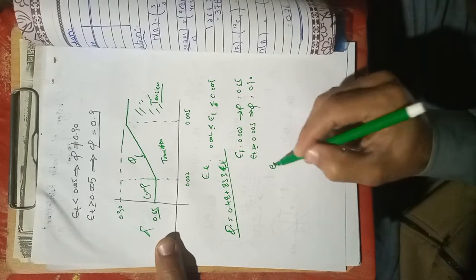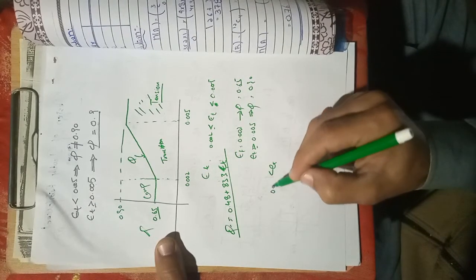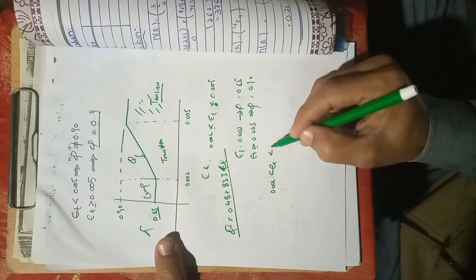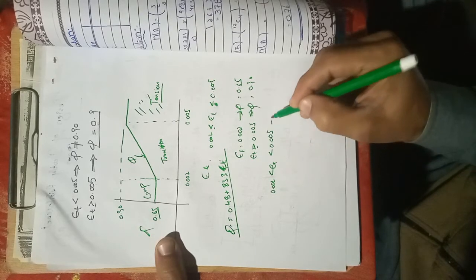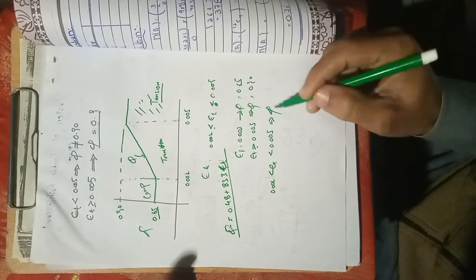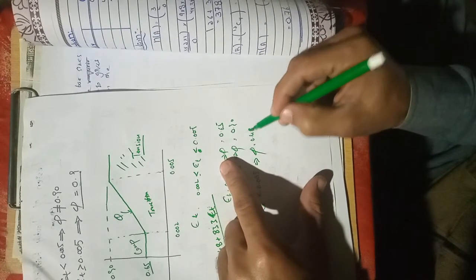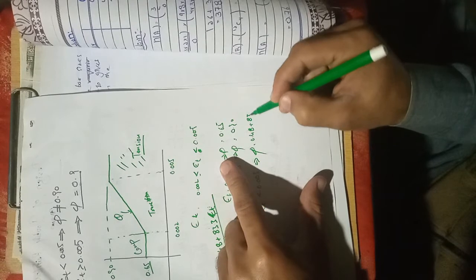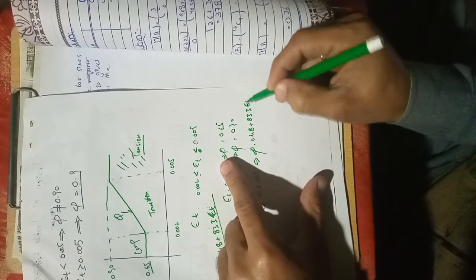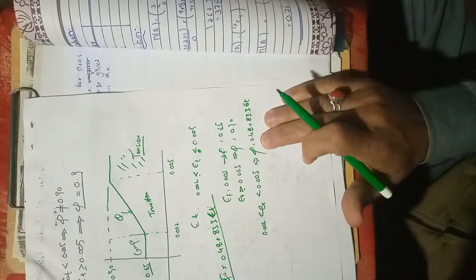But when your epsilon t value is greater than 0.002 but less than 0.005, in this case we have to calculate the value of phi, and the value of phi is equal to 0.48 plus 83.3 into epsilon t. This is important.